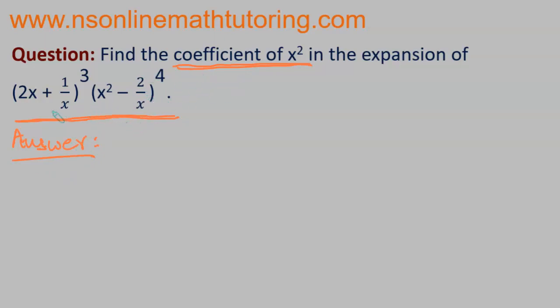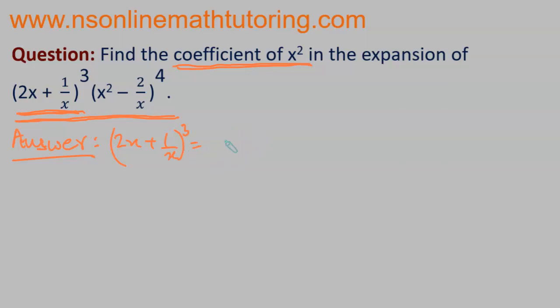Because both the expansions contain x, let us start from the very first one, 2x plus 1 over x to the power of 3. We will be writing only the powers of x for individual terms. So, we start with the first term.